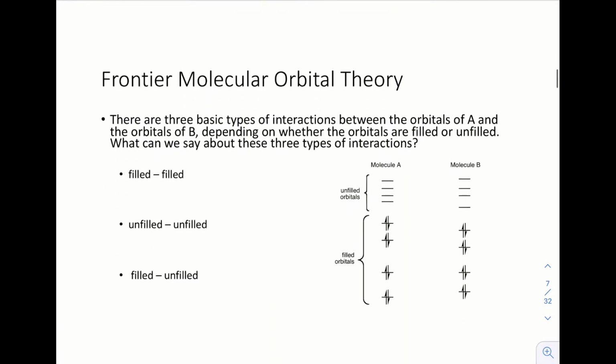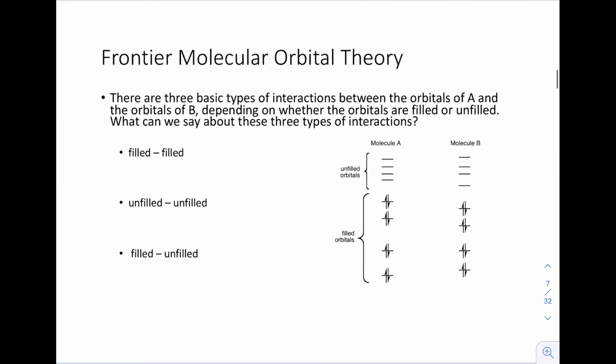So to simplify, we consider 3 types of interactions. And for a full lesson on this topic, go back to the beginning of the Organic Chemistry 2 lecture series, or go back to Organic Chemistry 1 at the beginning of that lecture series and review these topics. There are 3 types of orbital interactions that may occur. First, imagine filled-filled.